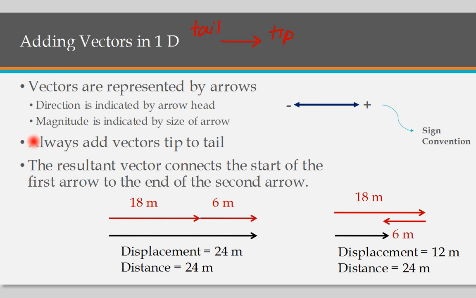And we will always add vectors tip to tail. Notice that this tip is touching the next tail. This is how vectors are added. And that is crucial, okay?